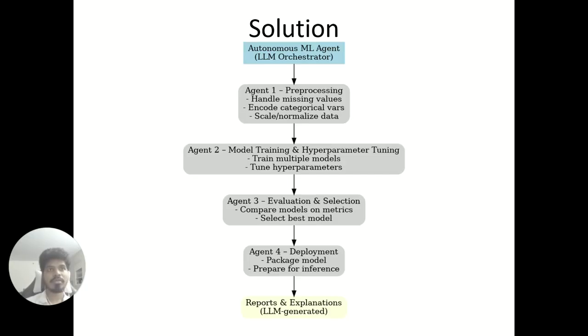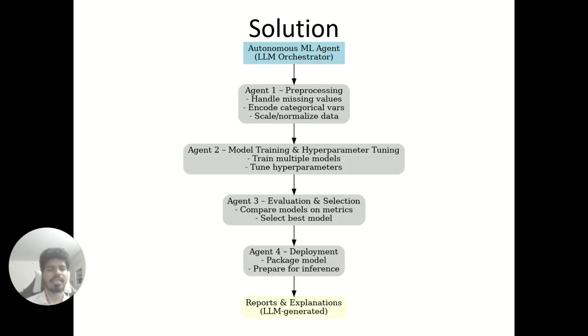This is the usual solution which a data scientist or ML engineer would do in production, but we are utilizing LLM orchestration so that we can automate the entire process and make the best decision out of it.